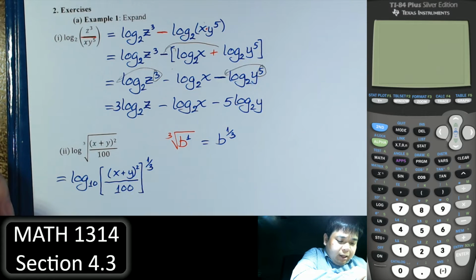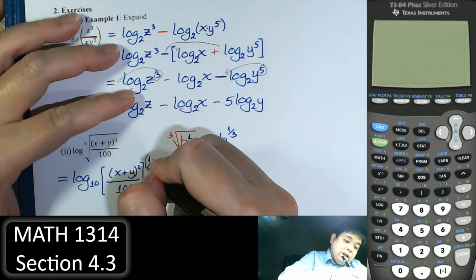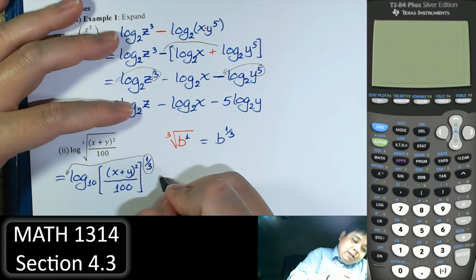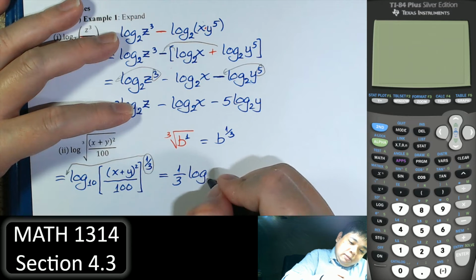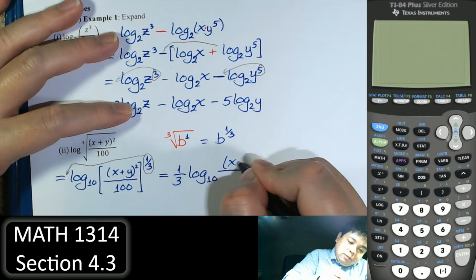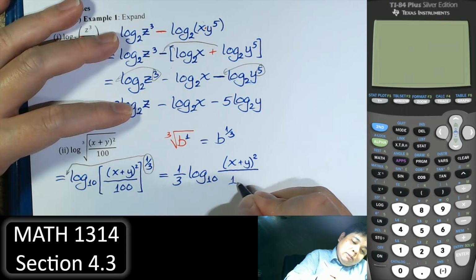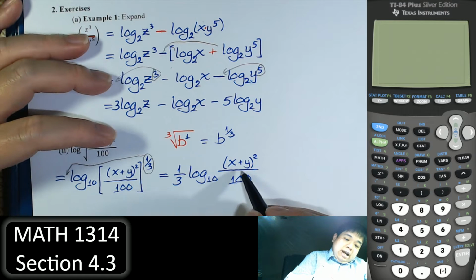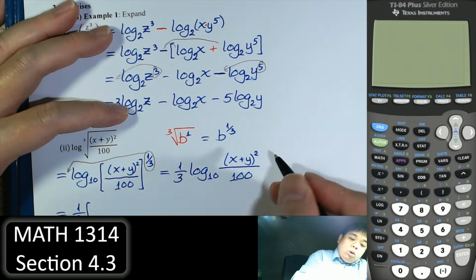Right, now we cannot split them yet because of the 1/3 in the way. So first we will take that, bring outside as an exponent. Right, now that on the top, that at the bottom, the 1/3 though is multiplied to the whole thing.